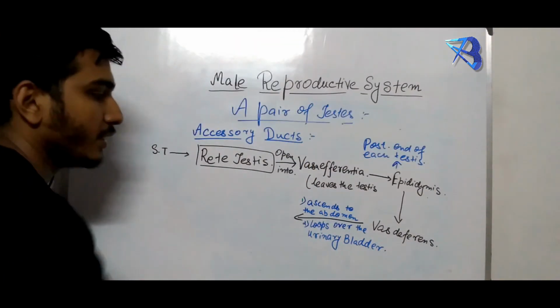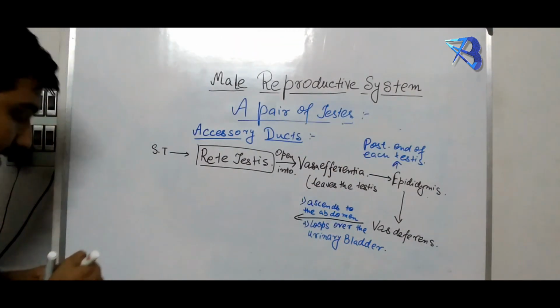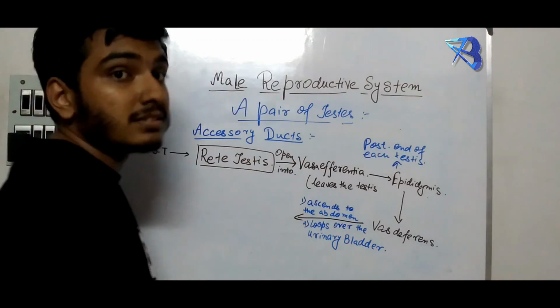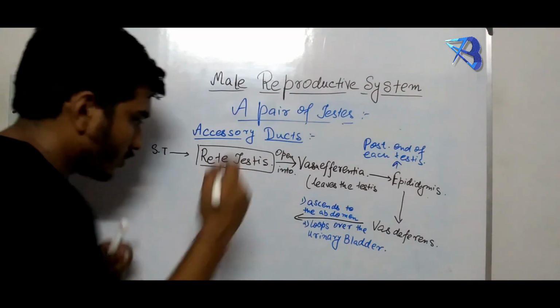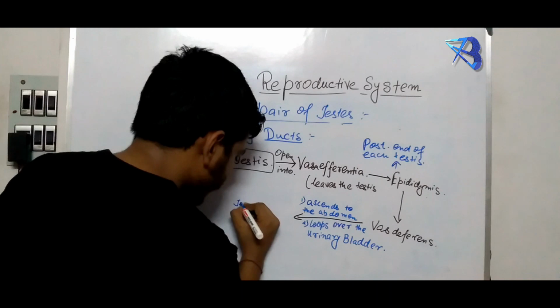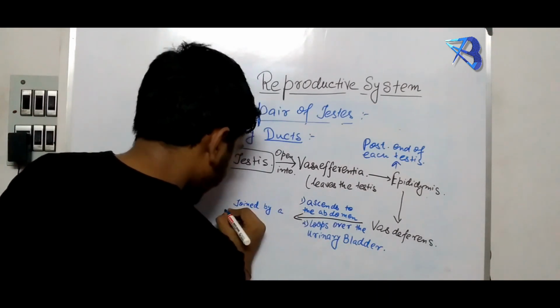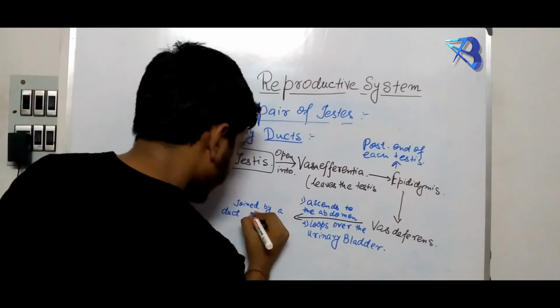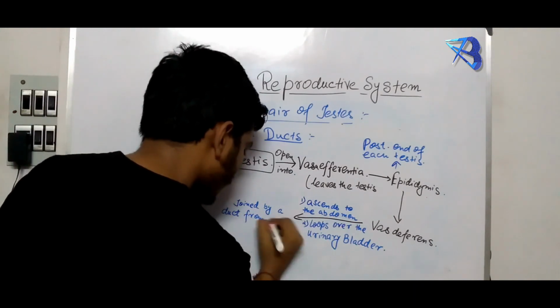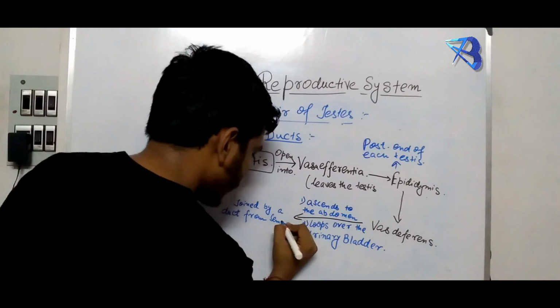It is joined by a duct from the seminal vesicle.